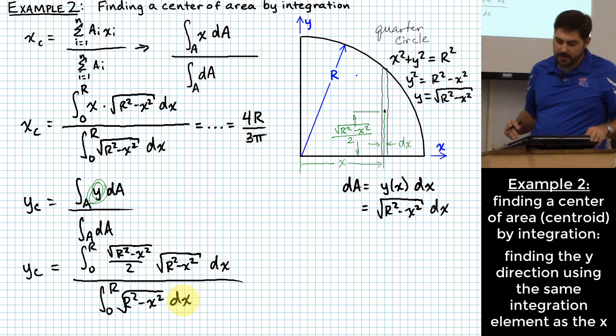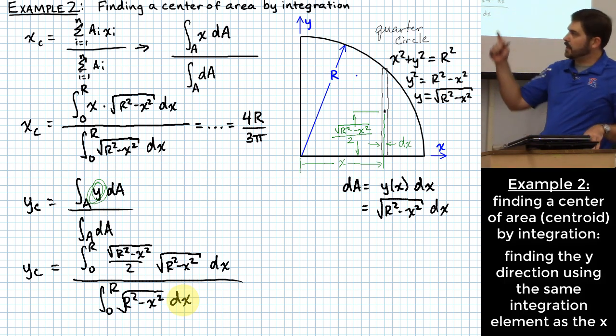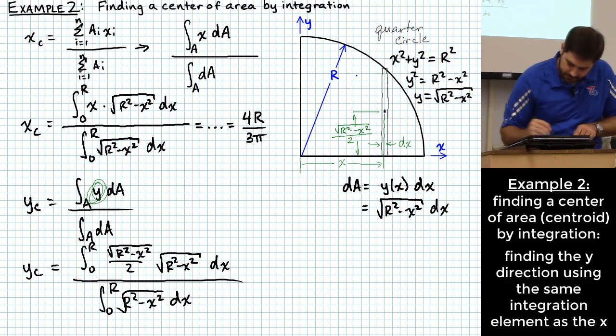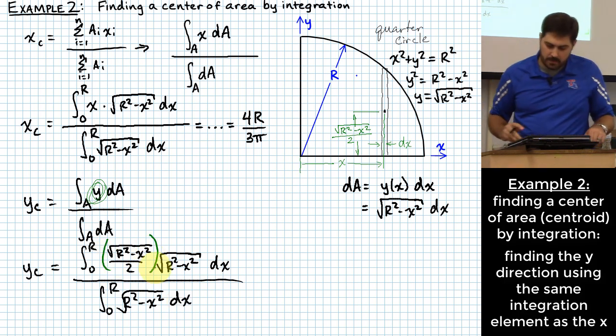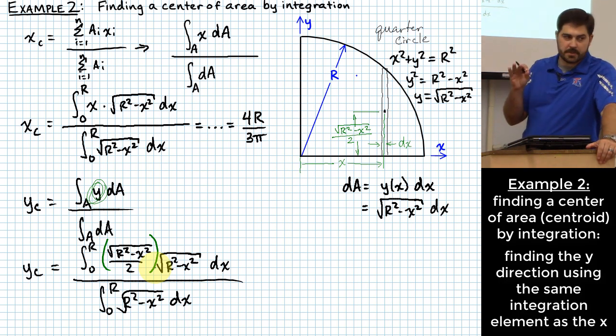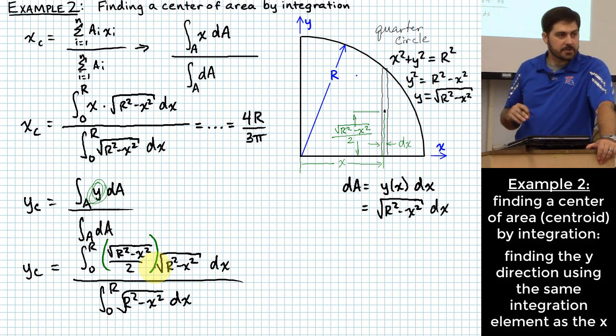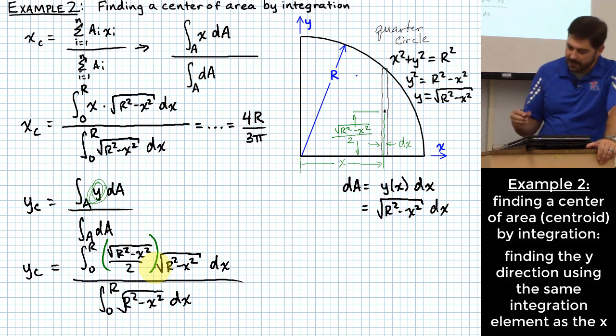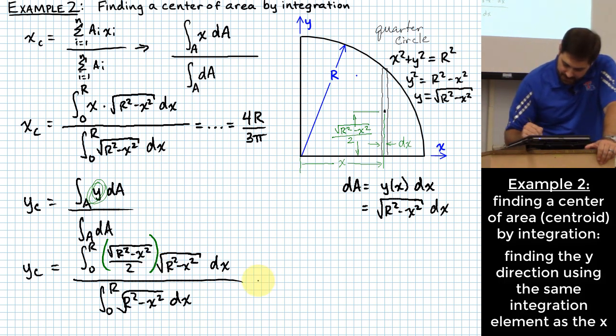So you'll notice there, it's almost exactly the same as what I did for x. The only difference is I plugged in for y an expression that gives me the centroid of each of those rectangles in terms of x. Okay? And if I solve this out, what do you think you'll end up finding?